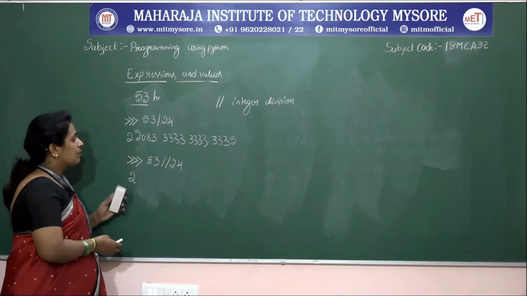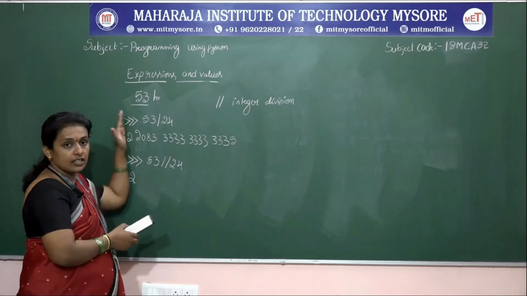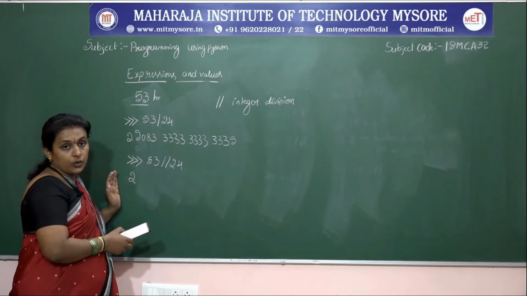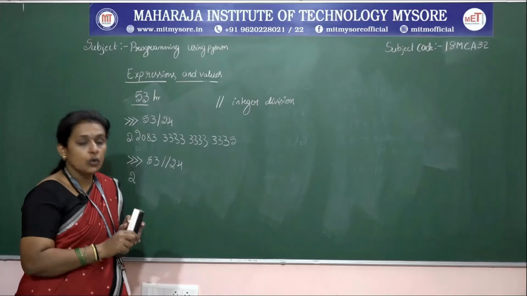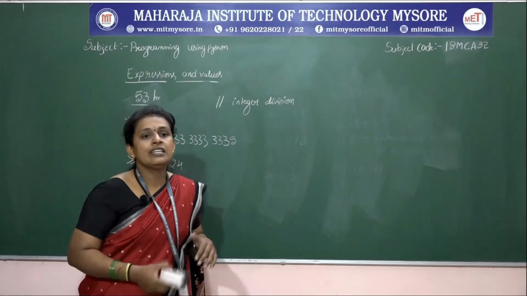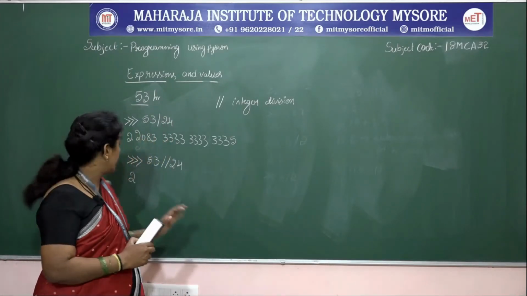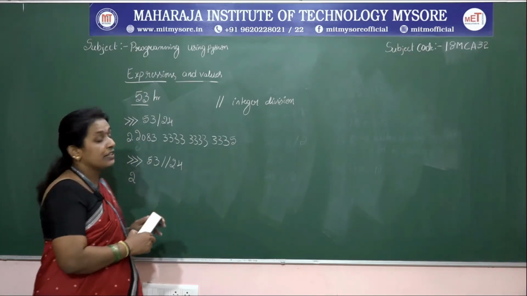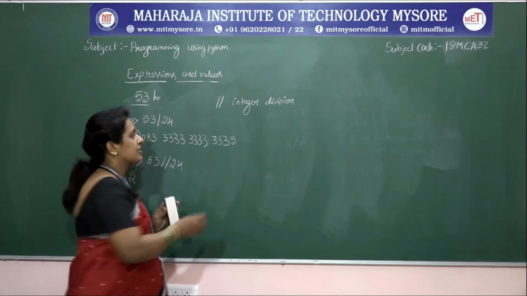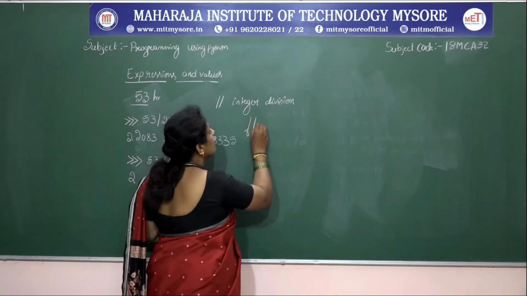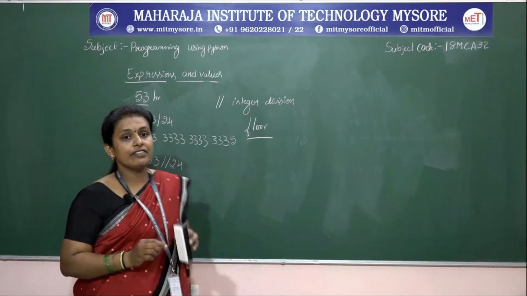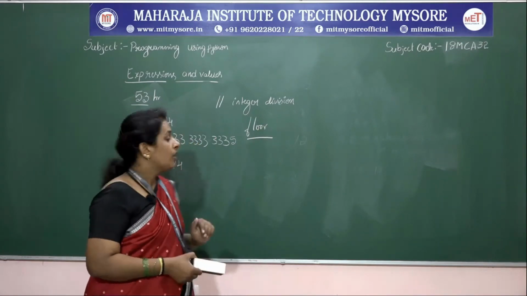Okay. So observe what the difference is. Here it takes only the integer part. Python does not round the result of integer division. It only takes the floor of the result of the integer division.